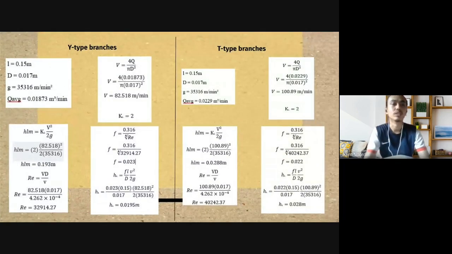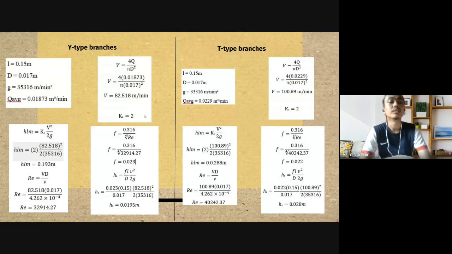Okay, move to the branches. In the branches, we get 2 types, which are Y type and T type. First one, T type. We first need to calculate the velocity, which is 82.5818 meter per minute, and then the KL we need to find in the table given in the lab manual.